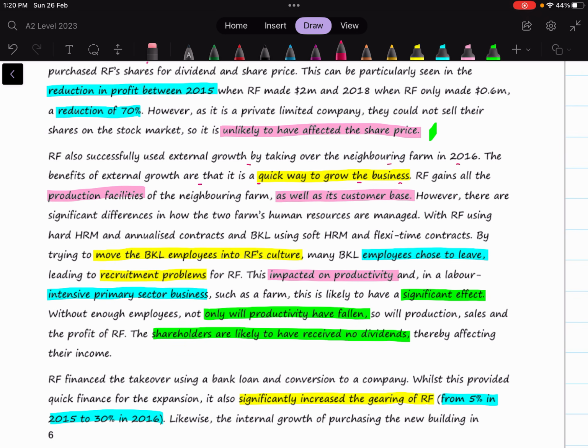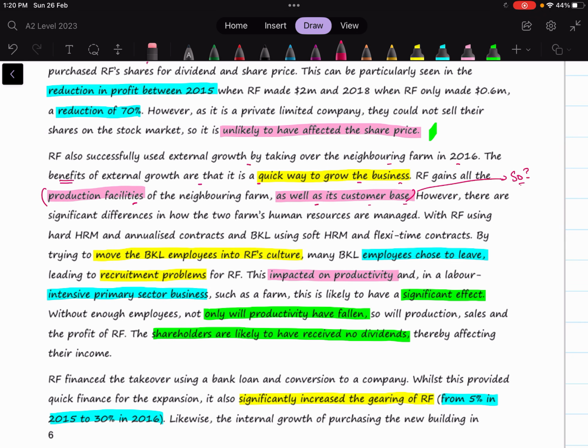Then the candidate moves on to mention that RF gains all the production facilities of the neighboring farm as well as its customer base. As a checker, I cannot identify whether this point can stand out as a benefit, because it has just mentioned that RF gains all production facilities of the neighboring farm as well as customer base.